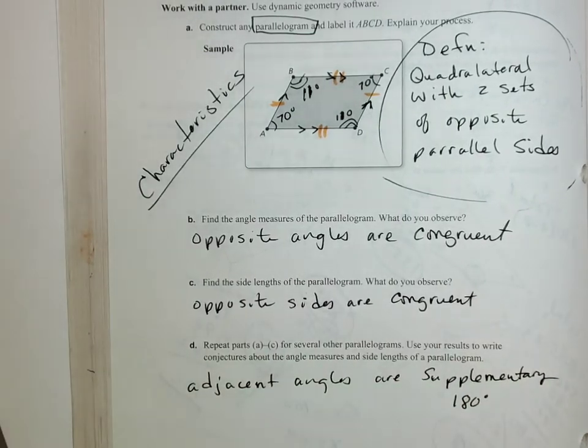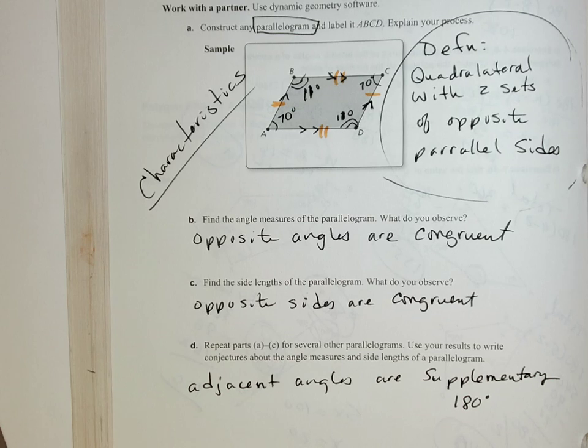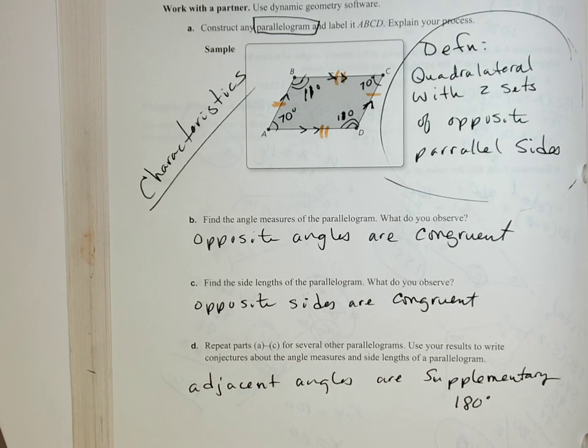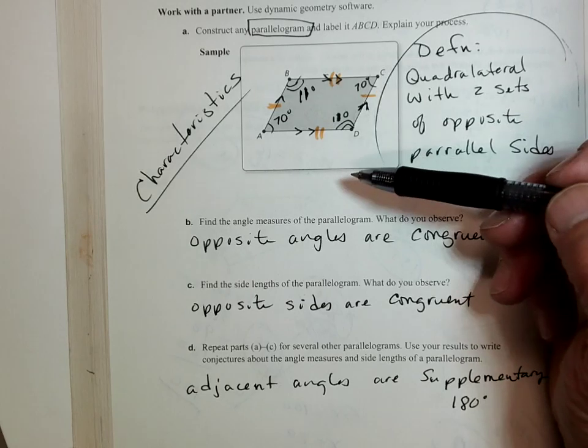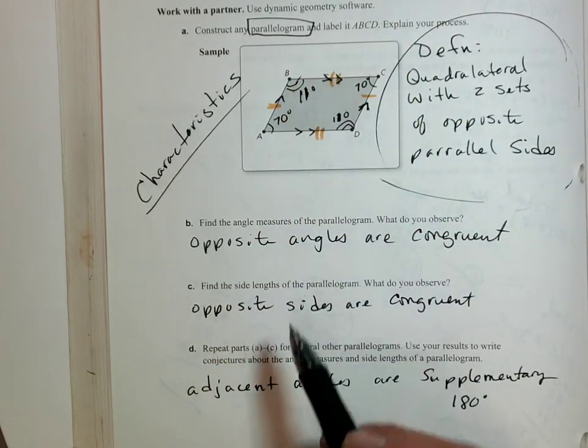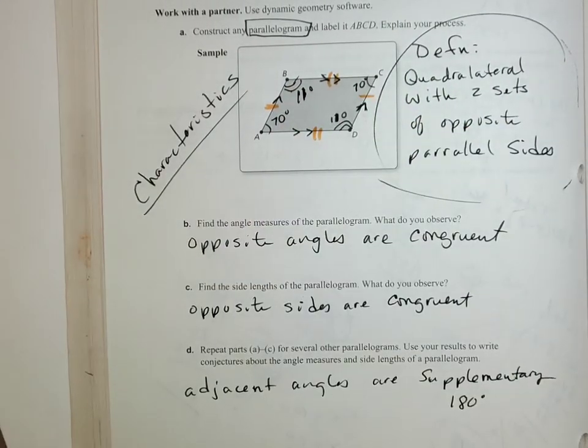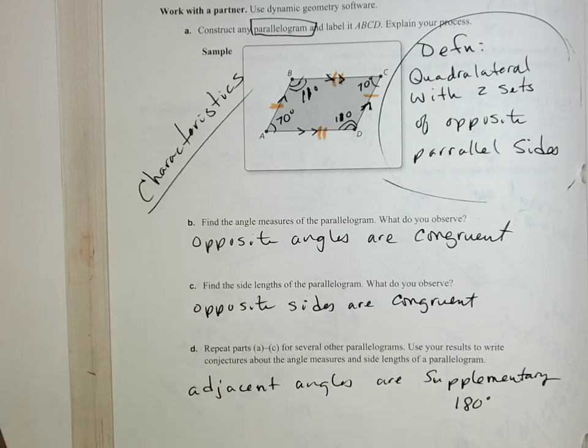So the word supplementary is two angles that add up to 180, okay? There's the word complementary. I don't know if you've heard that word, but it's two angles that add up to 90, okay? So we know that these two angles add up to 180, or these two angles add up to 180, or these two angles add up to 180, or these two angles add up to 180. So far, so good? Okay.